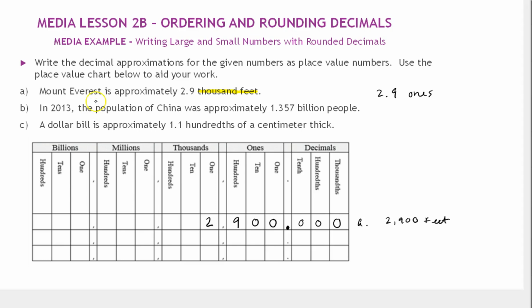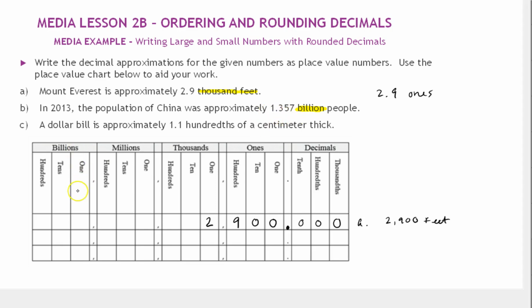Let's look at the next one. In 2013, the population of China was approximately 1.357 billion people. So the unit of measure we're using here is billions. So I'm going to go to the billions. Let's use a different color. Now I have 1.357 billion.